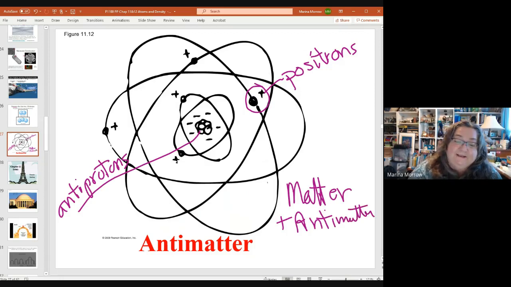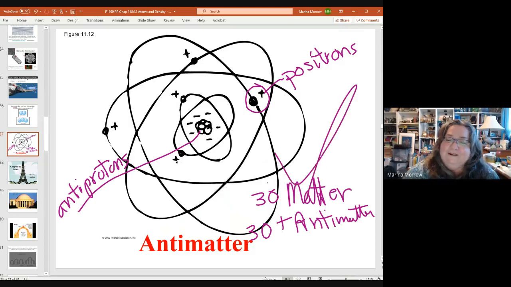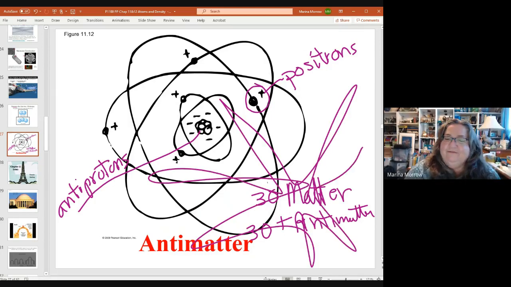So if you mix 30 grams of regular ordinary matter with 30 grams of antimatter, they will destroy themselves, and you will end up without any grams of matter. The mass will disappear, but you will get energy. And that's the energy that in the Star Trek universe drives the ships. Okay? So matter plus antimatter become energy.